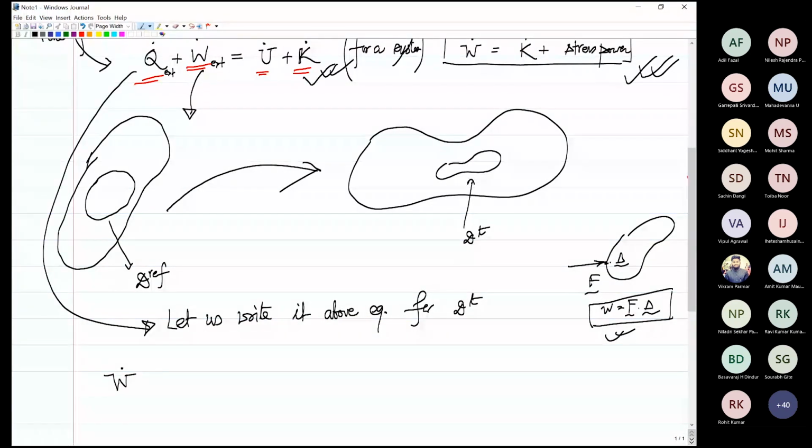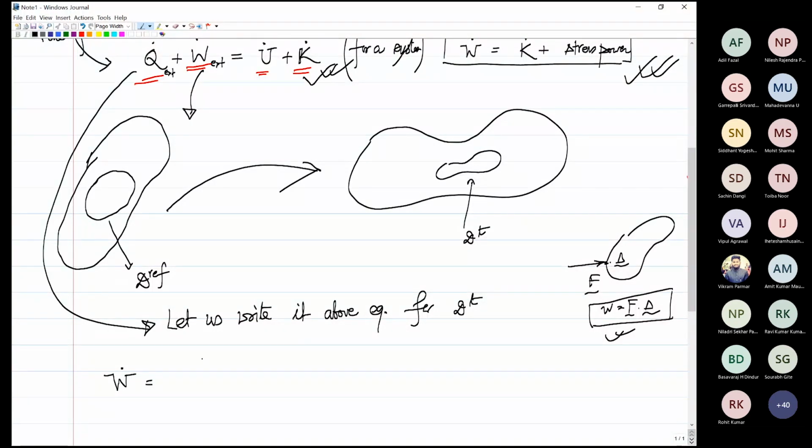Let's write this now for each of the terms. First of all, W dot. What is this W dot going to be? This is something we have already seen. We categorize the external forces into 2 types: one is the body force and the other is the surface force. On this dt, we have traction T as the surface force and b as the body force.